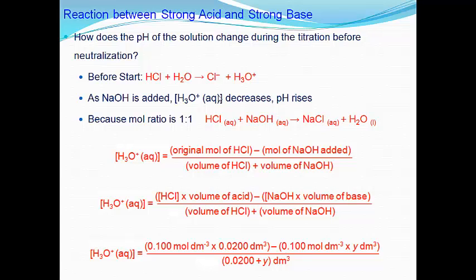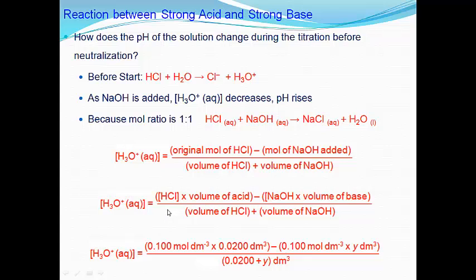So what is the pH at that point? We have to determine what the concentration of H3O plus is. We go back to the 1:1 mole ratio, HCl to NaOH, giving us sodium chloride and water. Based on that ratio, we can calculate the concentration of H3O plus, which is equal to the moles of HCl at the start minus the moles of sodium hydroxide added, over the total volume of our reaction mixture.